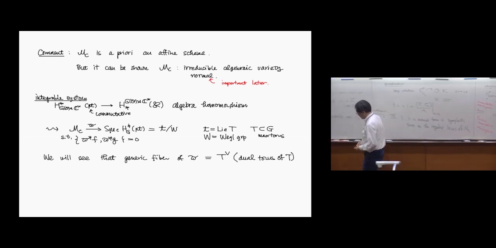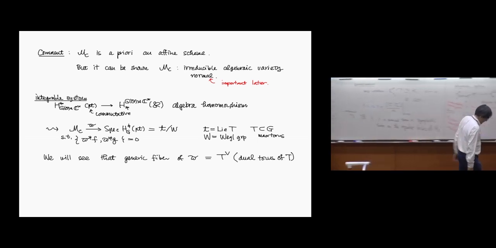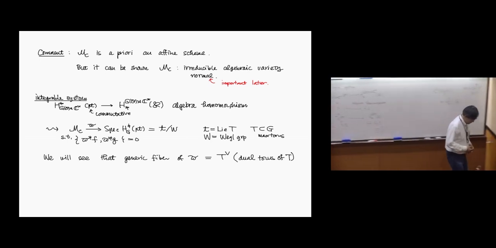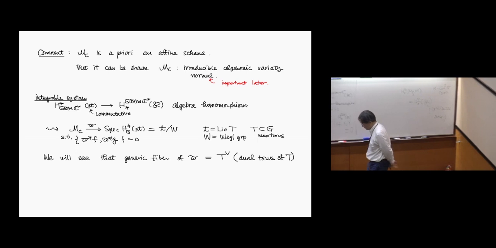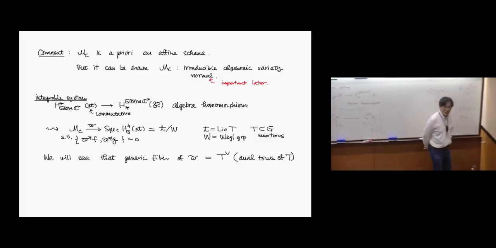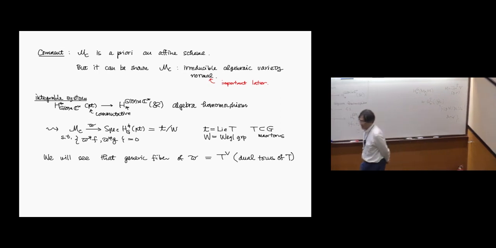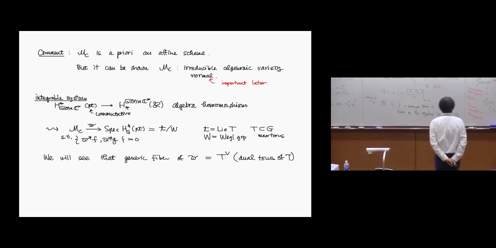So what is an integrable system? I'm not sure there's an abstract definition of integrable systems. To me, the study of integrable systems is a difficult subject. There are lots of examples, and I never understood integrable systems systematically.